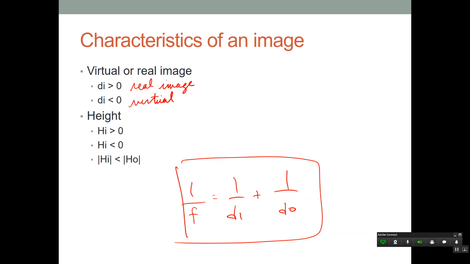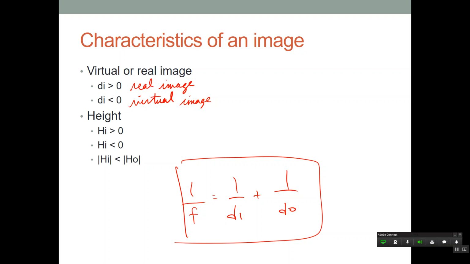All right. What does it mean when the height of the image is greater than 0 versus when the height of the image is less than 0? So basically, what happens if the height is positive or what happens if the height is negative? Inverted or not? Which one is inverted, negative or positive? Negative, yeah.